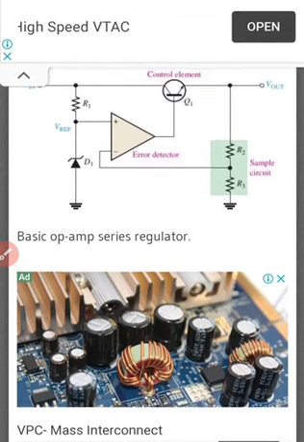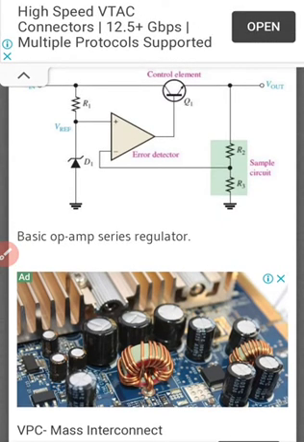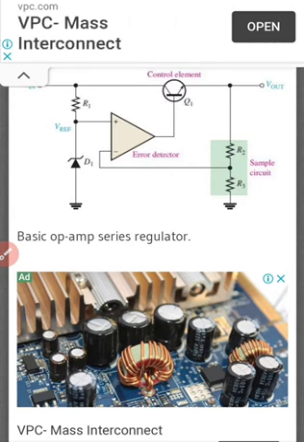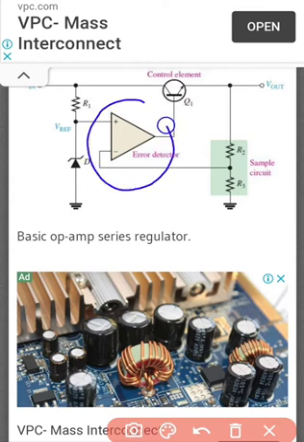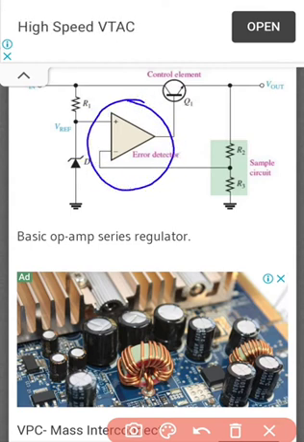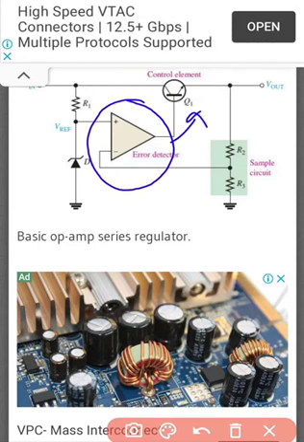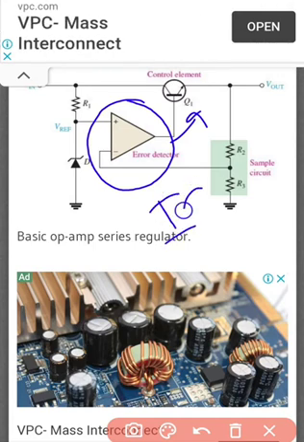Here, as you can see in the diagram, the basic operational amplifier series regulator is given. Here we see an operational amplifier integrated with a transistor circuit. Generally it is wholly operated or based upon the IC configuration.